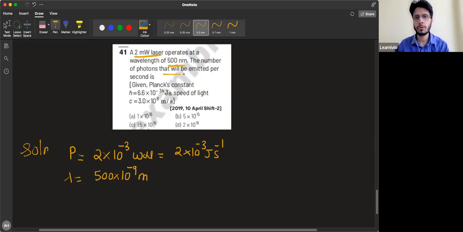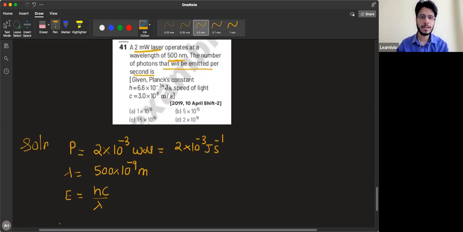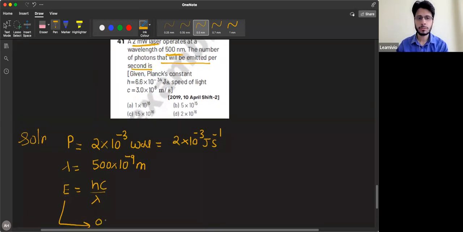The number of photons that will be emitted per second. So the energy of one photon can be written as hc by lambda. Here everything is given in joules, so we will not be using that 12400 thing. You have to calculate the number of photons.